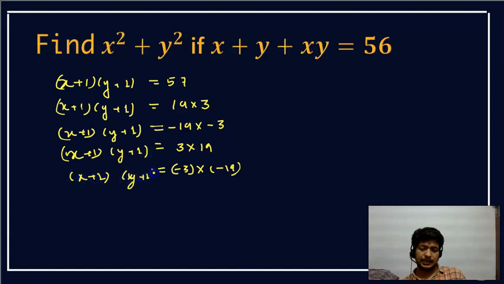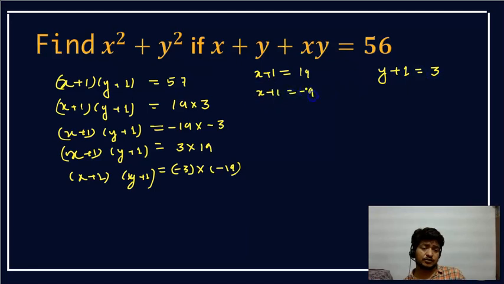Now if you compare on both sides, you will get the first value as x plus 1 equal to 19, and y plus 1 equal to 3. You will get x plus 1 equal to minus 19, and y plus 1 equal to minus 3.